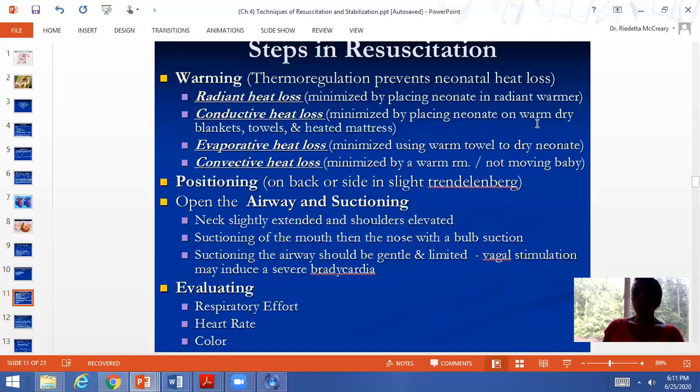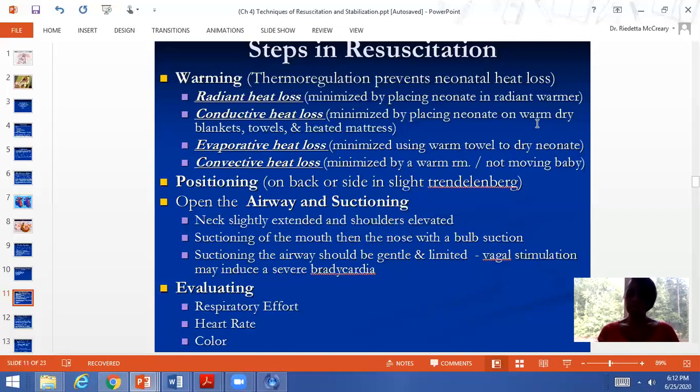Once you position the baby in the radiant warmer, you want to open the airway and suction. The neck should be extended and shoulders elevated. The best way to do that is to just take a washcloth. All of that will be readily available, especially if you're in the OR environment for C-sections.